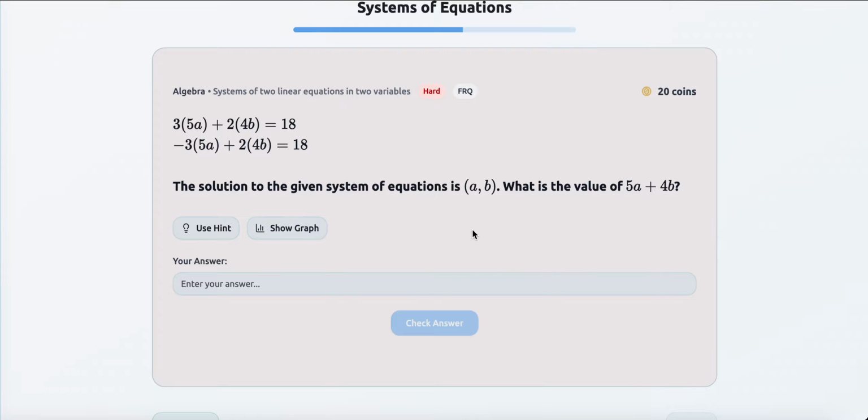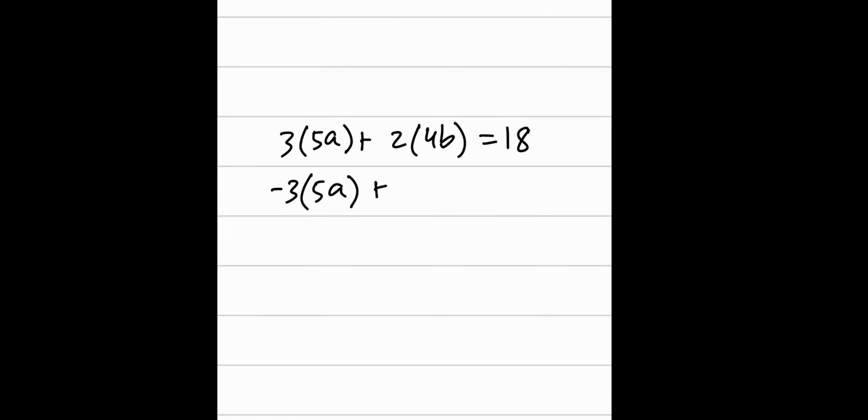In this case, we're not using x and y. We're using a and b, but it's going to be the same process. So we have 3 times 5a plus 2 times 4b equals 18, and negative 3 times 5a plus 2 times 4b equals 18. I think we can subtract these two equations, or we can add them actually.